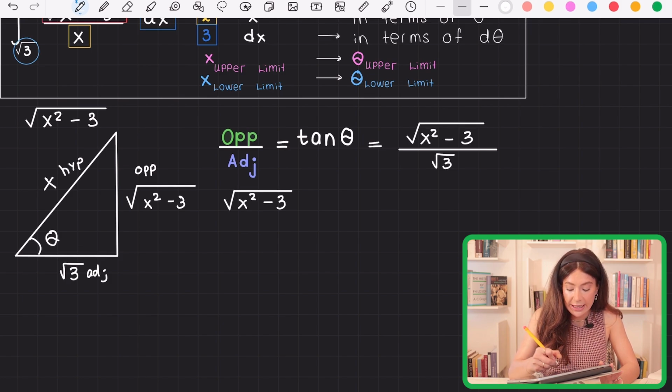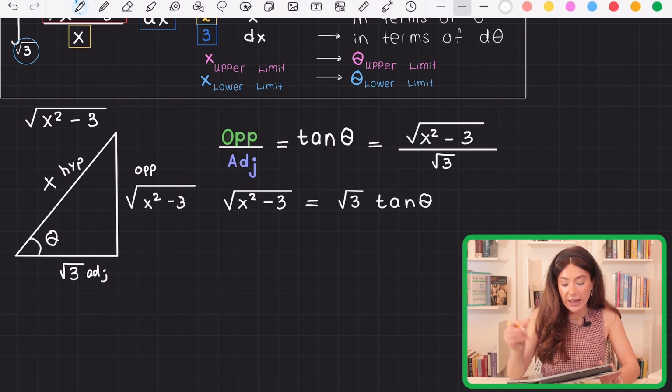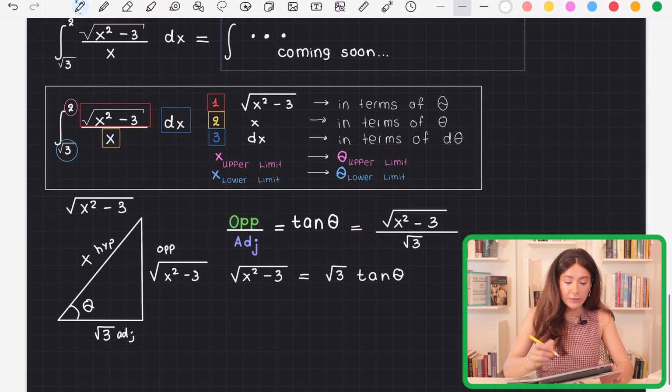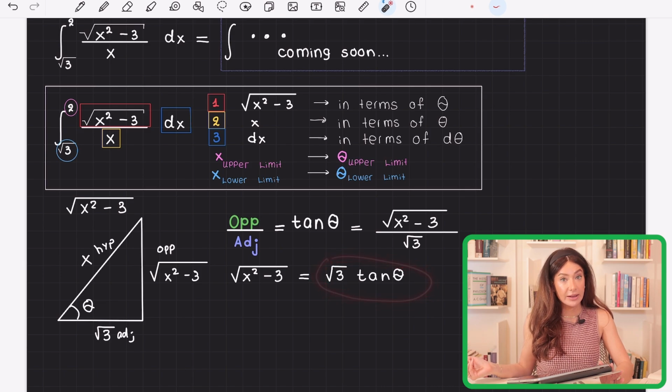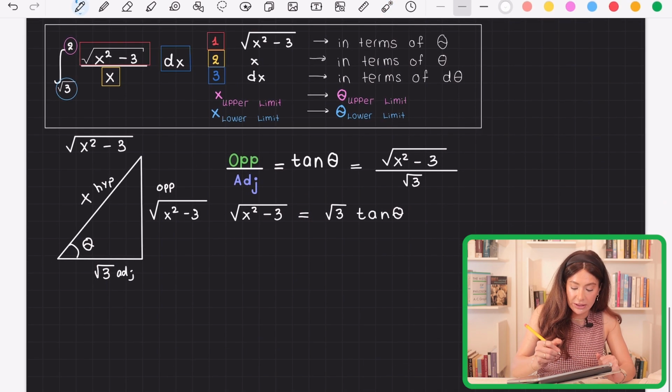And I'm going to express square root of x squared minus 3 equals square root of 3 times tangent theta, so that I have that ready. Then in my new integral, I'm going to substitute that term with this term. And notice that the right side of this equation doesn't have any x's. It only has theta and some number, okay? And that's exactly what you want to do.